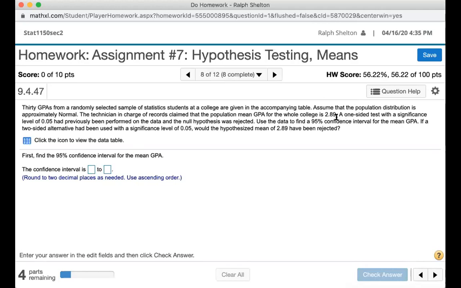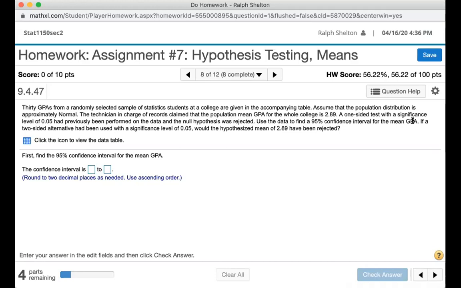Now we're doing a one-sided test, okay, which is actually simpler than the two-sided. But it says a one-sided test had previously been performed and the null was rejected. Use the data to find a 95% confidence interval for the mean GPA.